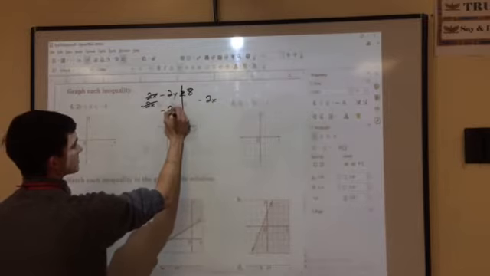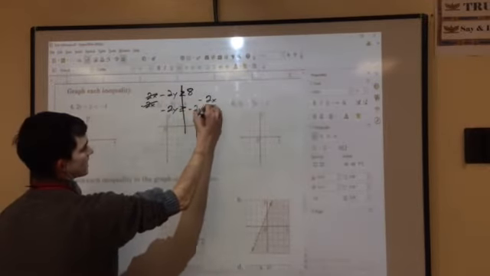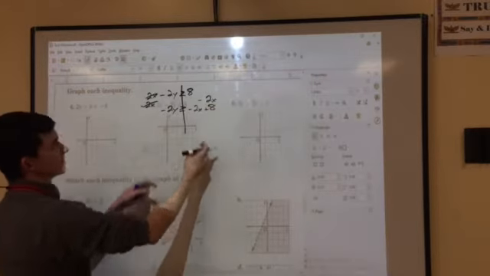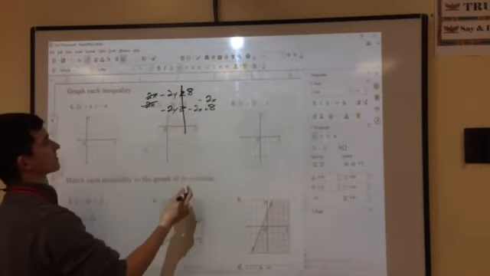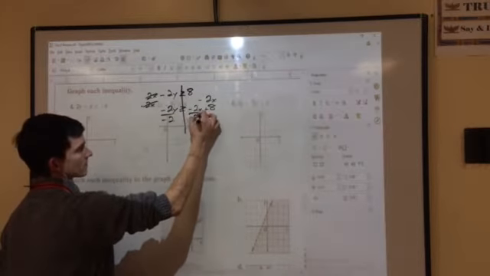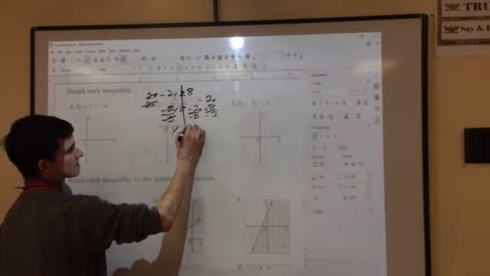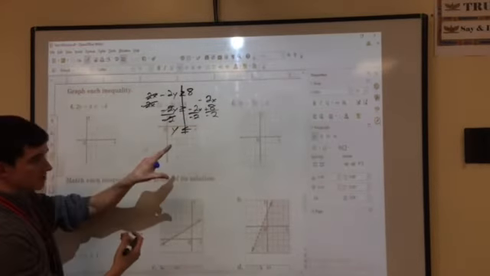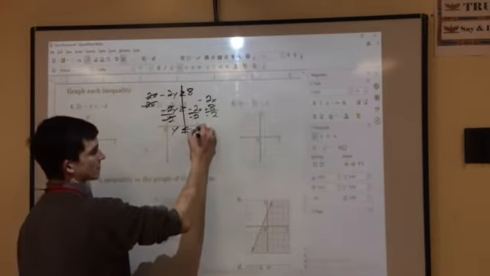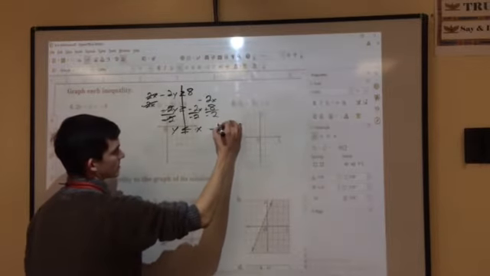I have a negative 2y greater than or equal to negative 2x plus 8. Notice negative 2x and 8 are separate still. Now I'm going to divide by negative 2. So y is less than or equal to, the sign changes direction because of dividing by a negative, positive x, and then minus 4.